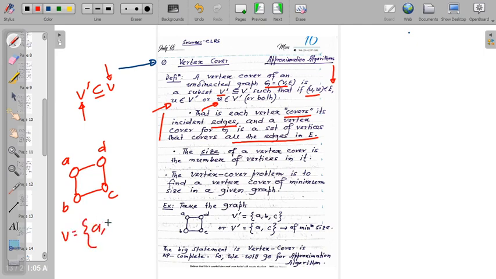The vertices A, B, C, and D. And say I take one V prime set as A and C. Now you see, if I take A and then C, whenever I take A, it covers the edges incident on it. So vertex A is covering these edges.